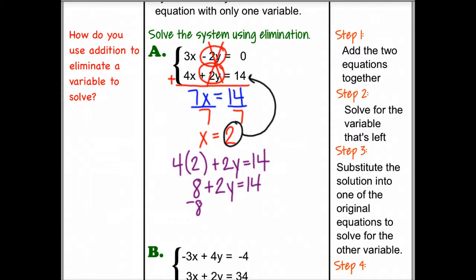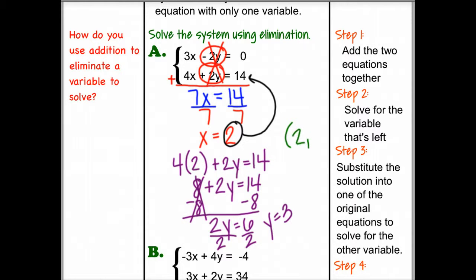Subtract 8 from both sides. Those cancel, giving me 2y equals 6. Divide by 2, which gives me y is equal to 3, which means that my ordered pair solution is 2, 3.